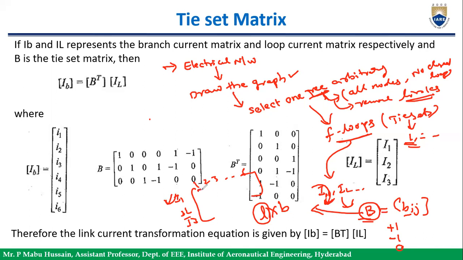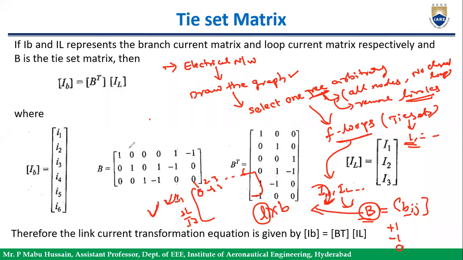Suppose if the first branch is not in the first loop, the value is 0. If the second branch is in the loop and the direction of the branch current is opposite to I1, then the value is -1. If branch 3 is in the loop in the same direction, you take +1. Like that, you will get the Tieset matrix.